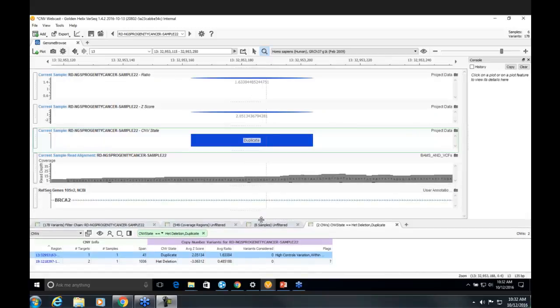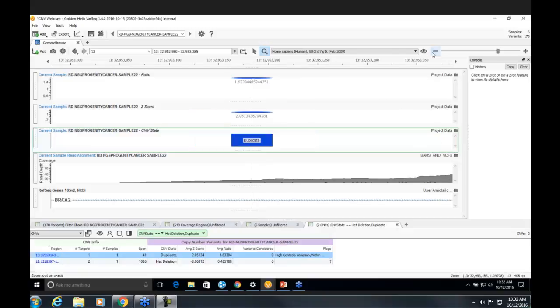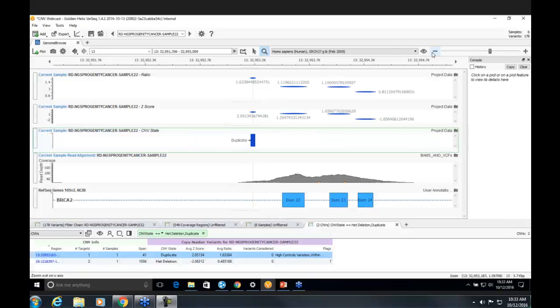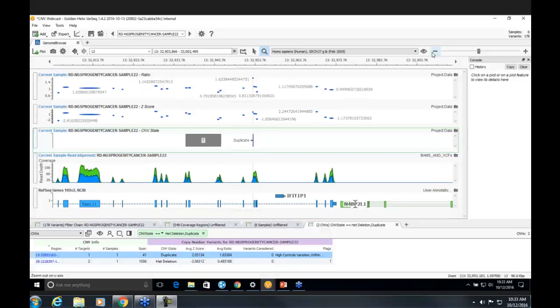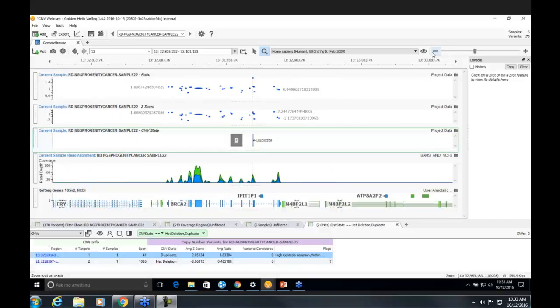And in fact, if we zoom out, we can see the context here. The thing to notice is that, especially in terms of z-score, this event does not appear to be differentiating from the noise in this region.